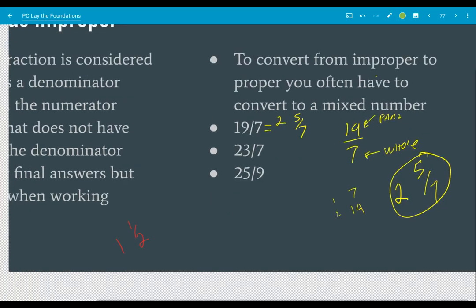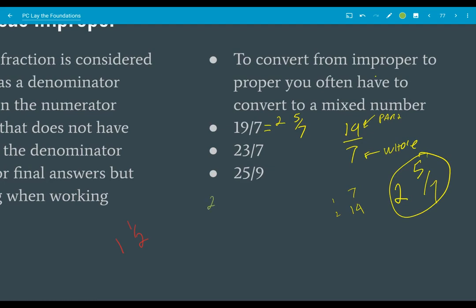So if we look at the next one, 23/7. Okay, same idea. 7, 14, 21. Whoop, we get too big. So that's 3. 23 minus 21 gives you 2. So 3 and 2/7.